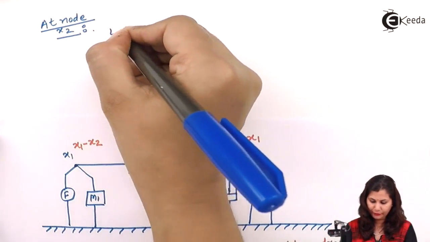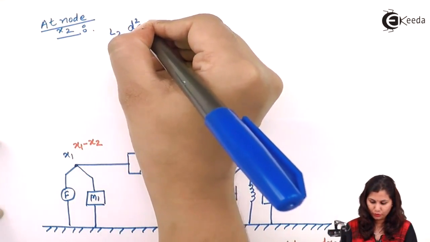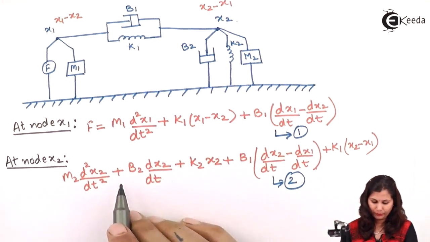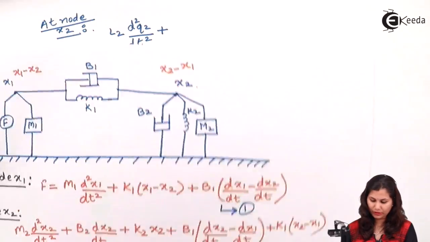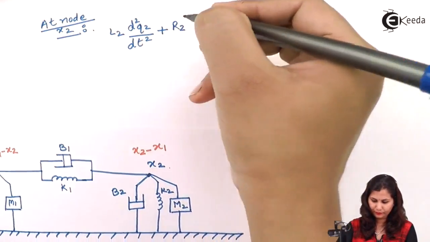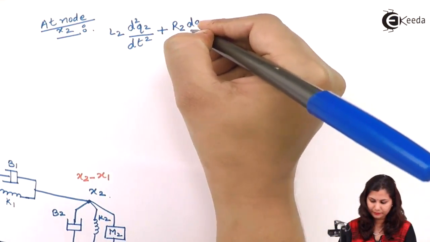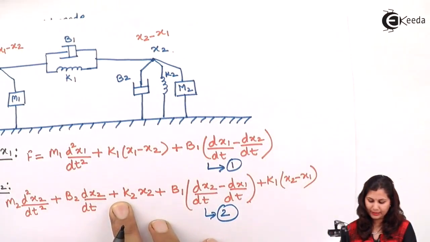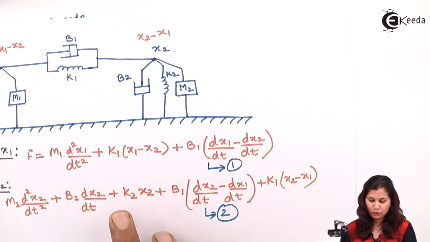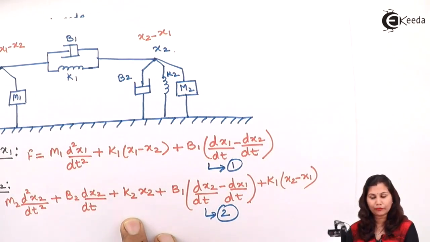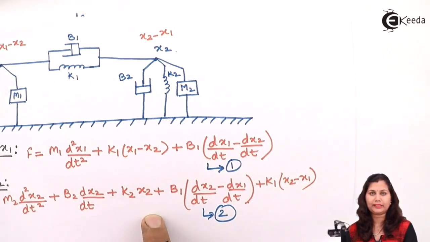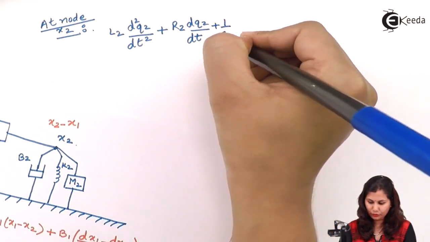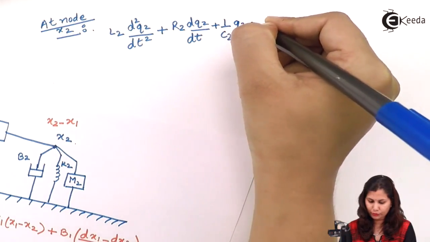So we will have L2 d2 Q2 by dt square plus B2, which will be replaced by the resistance R2, times dq2 by dt, plus we have K2 X2. K will be replaced by the reciprocal of the capacitance and X2 will be replaced by the charge. So we will have 1 by C2 and Q2 here.